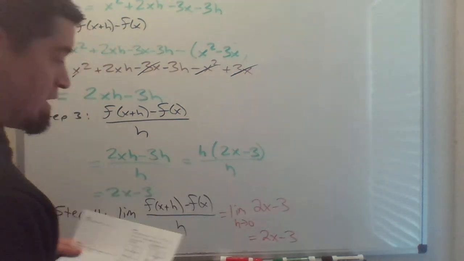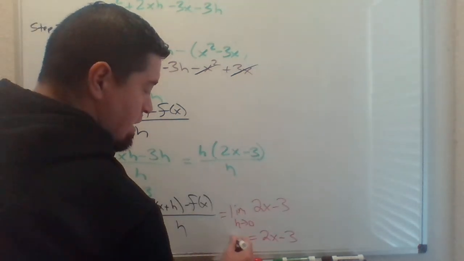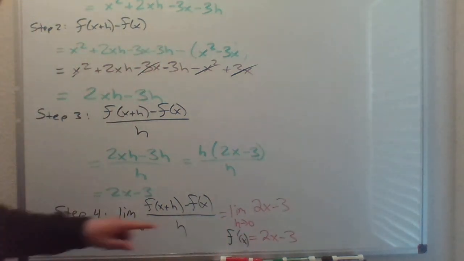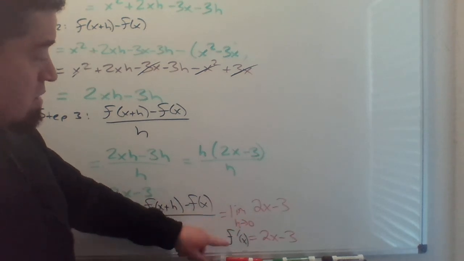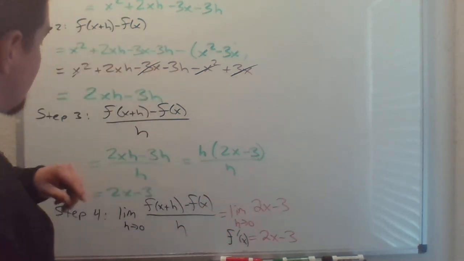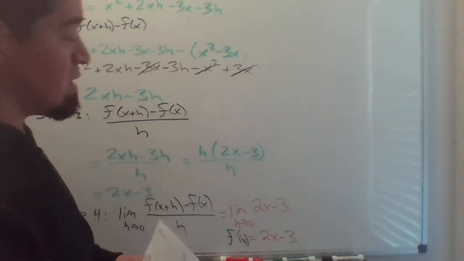We found the equation of the slope of the tangent line. Doing this 4-step process, we found the slope of the tangent line.